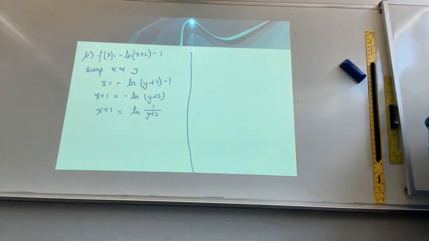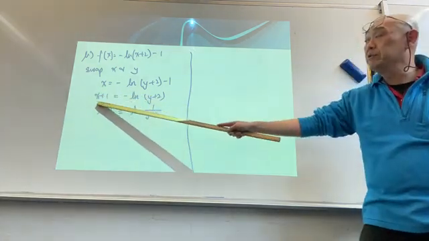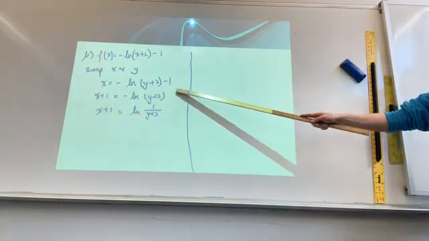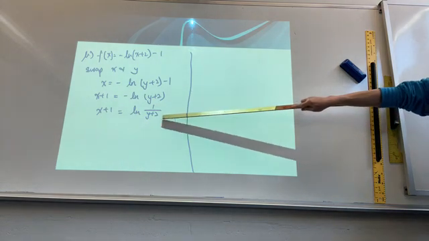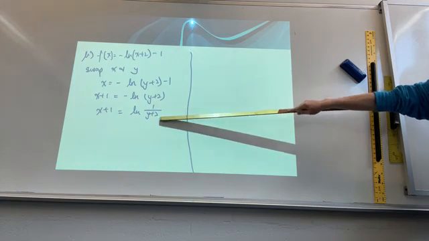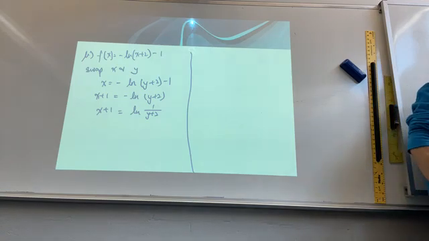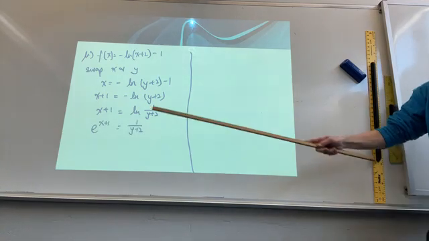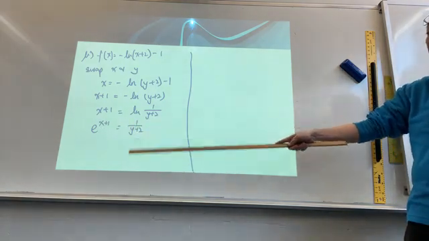Now, what I would do is I will not change this to negative. I will bring that in as a power of minus 1, so that I've got it as 1 over y plus 2. So e to the power of x plus 1 is 1 over y plus 2.